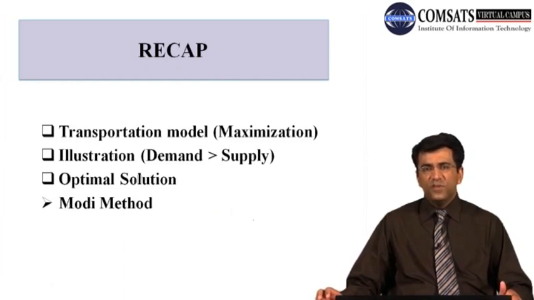Then we use the values of these variables to find the shadow cost for the different unoccupied cells, and we see whether this shadow cost is negative or positive. If all the shadow costs are negative, it means we have achieved our condition of optimality. But if any of the shadow costs for these unoccupied cells is positive, then we will have to repeat this step, and especially we will have to find the particular loop in order to find the value of theta.